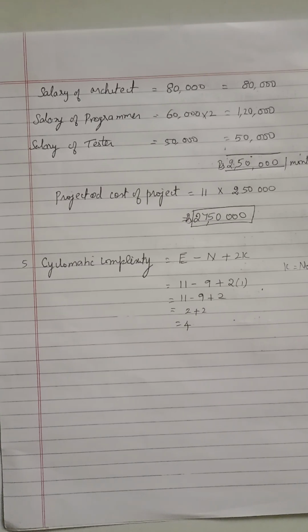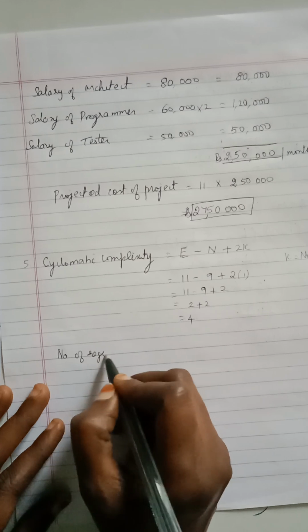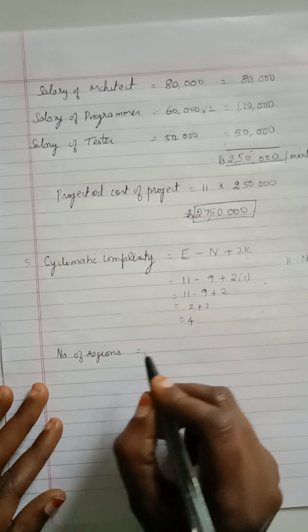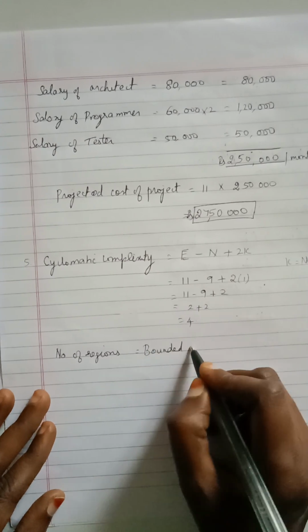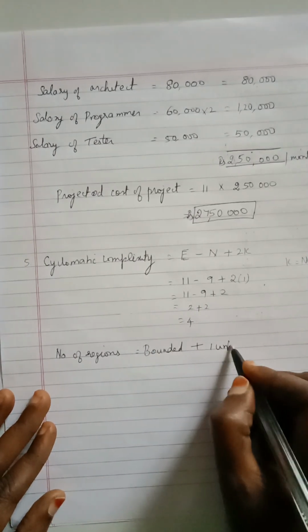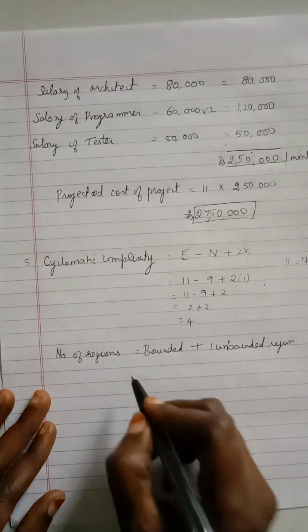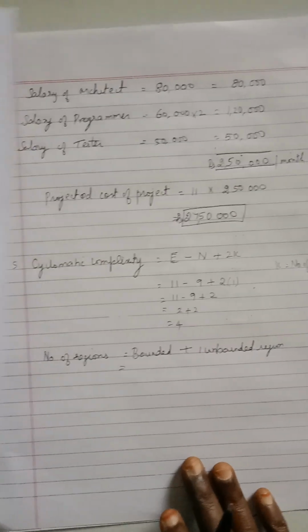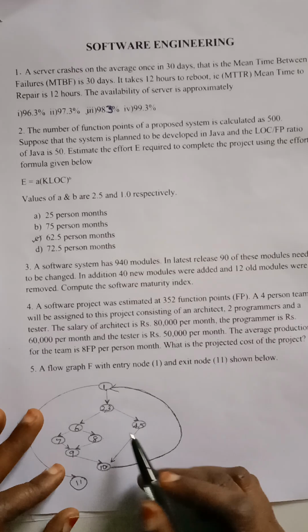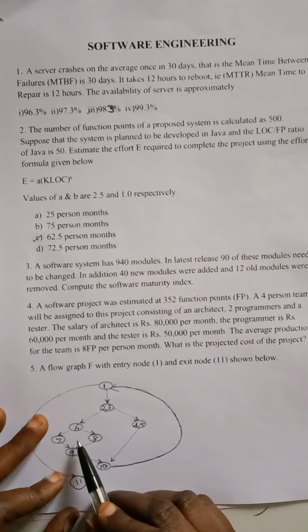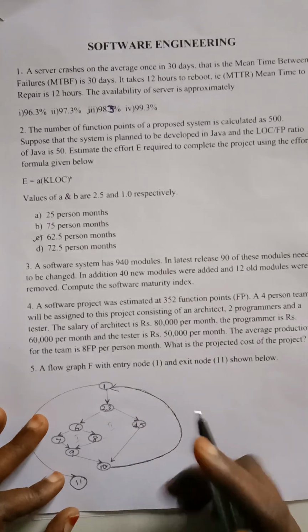Next, we can find it by the number of regions. How to find the number of regions? We count the bounded regions, and we have to include one unbounded region. So how do we find the number of bounded regions? Take this one: this is region 1, region 2, and this is region 3.